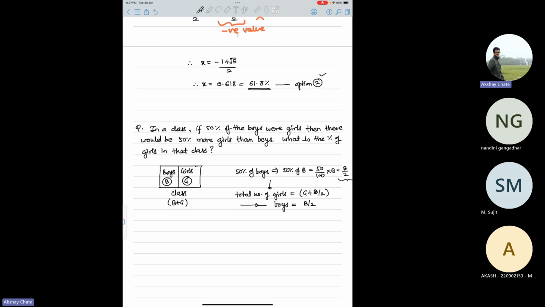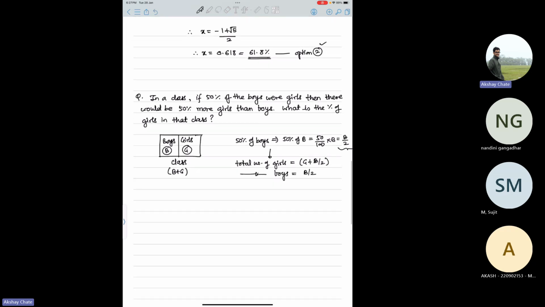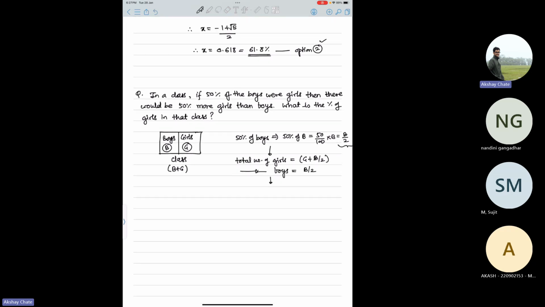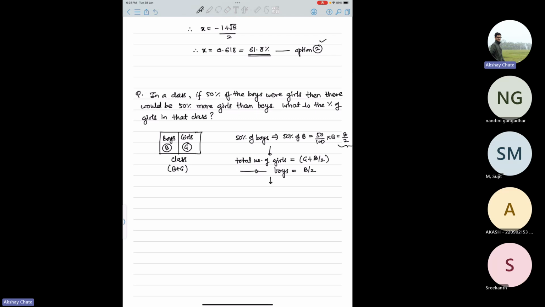And what they are saying, from this condition given in the statement, is that if you shift this half of the boys to the girls side, then there would be 50% more girls than the boys.